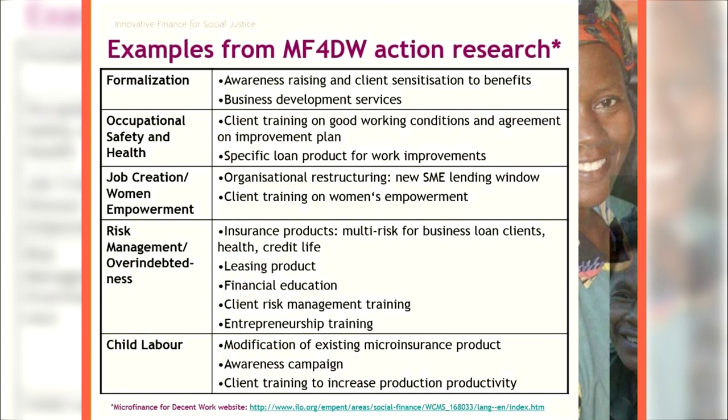Interestingly, they came up with the idea of having loan officers agree with the clients on improvement plans. For the implementation, the clients had access to specific loan products for these work improvements so that they could actually implement them.